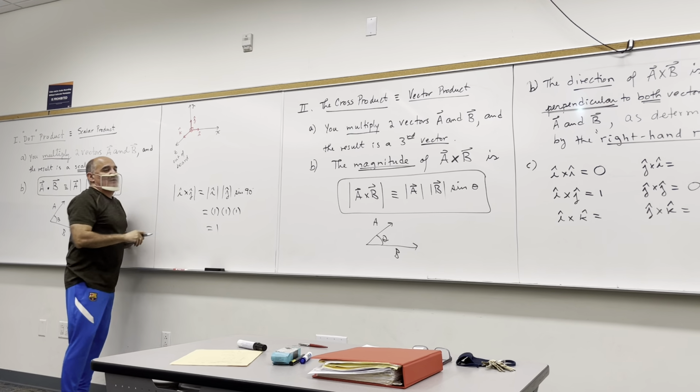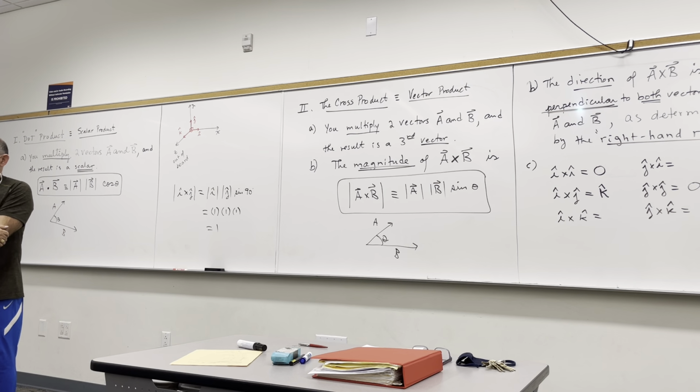Get it? You look unhappy. I can mix up the order of the two vectors in the cross product. So four fingers is the first one, palm is the second one.